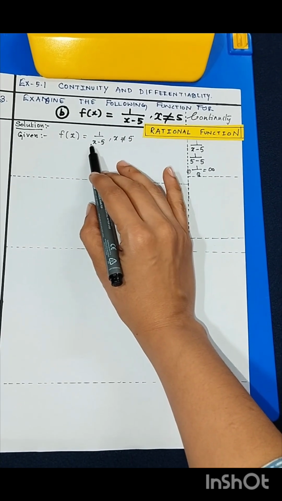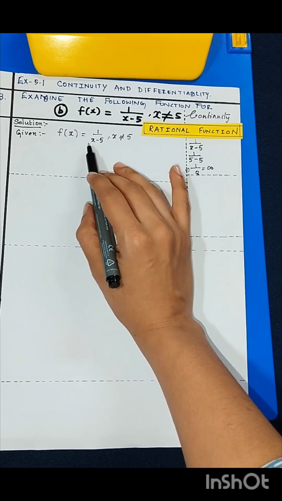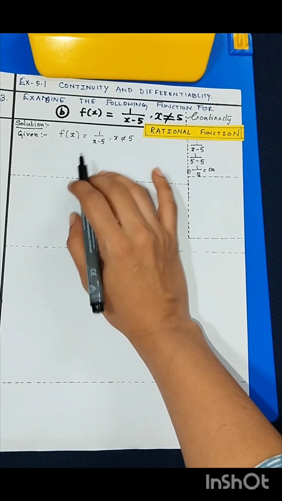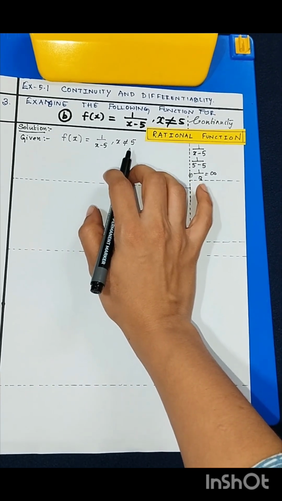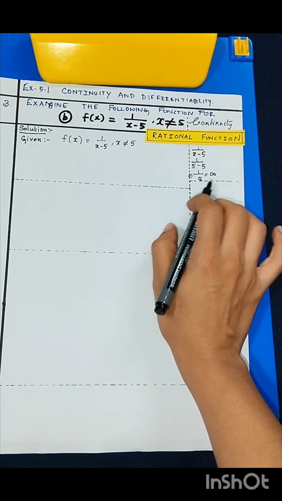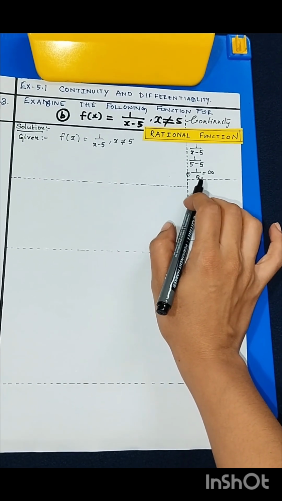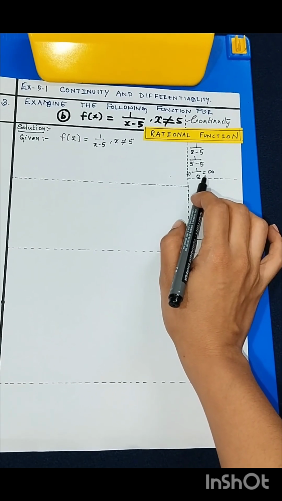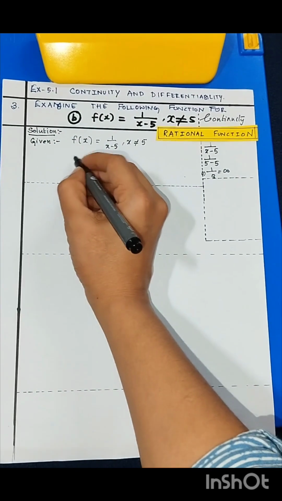Other than that, you can give any real number to it. You can give 1.2, square root 2, 1 lakh, 10 crore, any number. But you should never give the value 5, because if you give x equal to 5, you get the answer as undefined. This we will visualize in the graph also. Now what is the domain of the function?